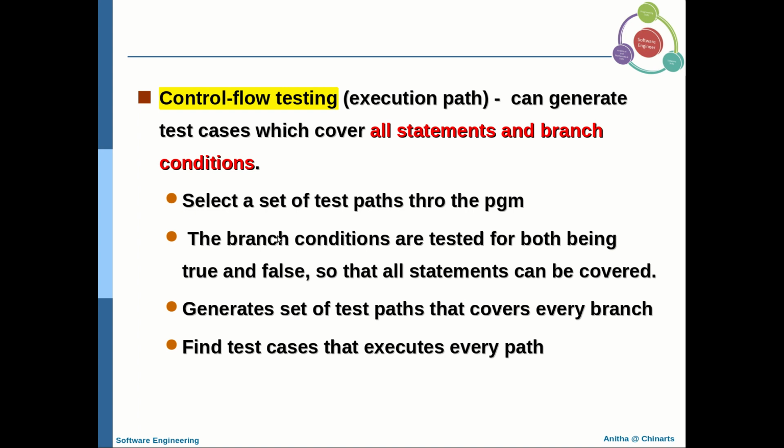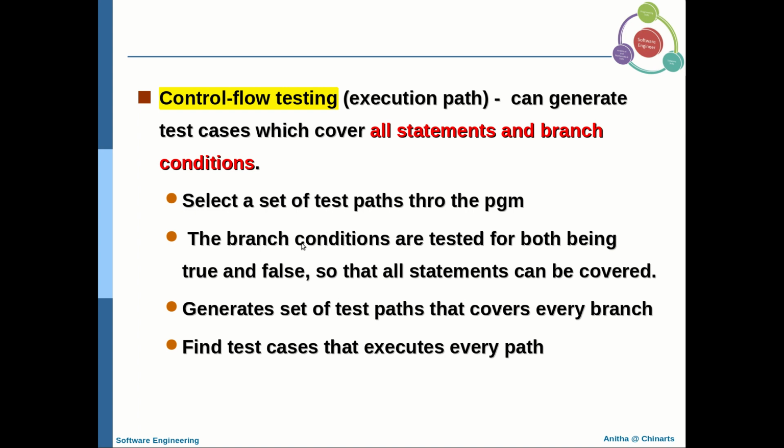Then you can select a set of test paths through this program. Then the branch conditions will be tested for both being true and false, so that all statements will be covered, and it generates a set of test paths that covers every branch. Find the test cases that execute every path. This is what we are going to do in control flow testing.